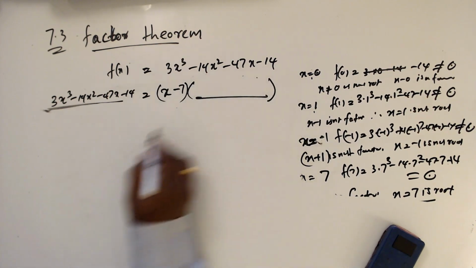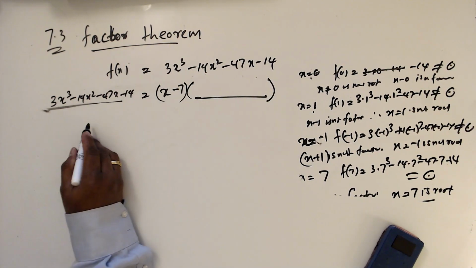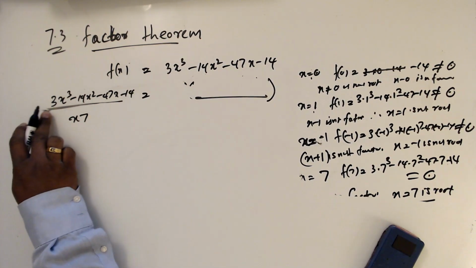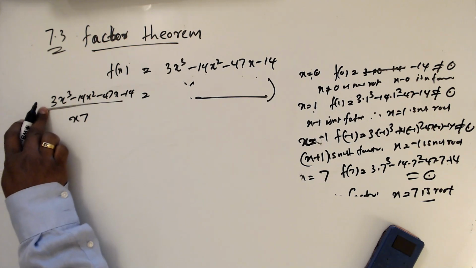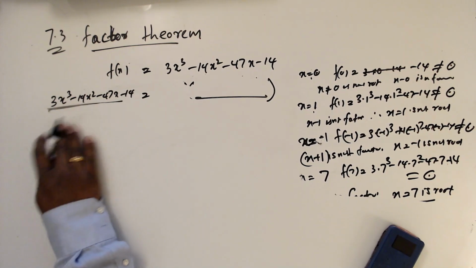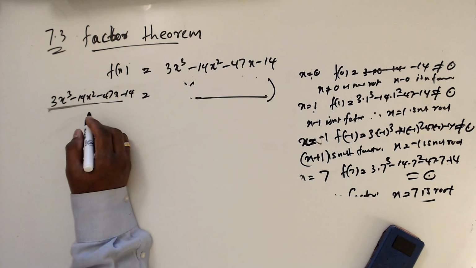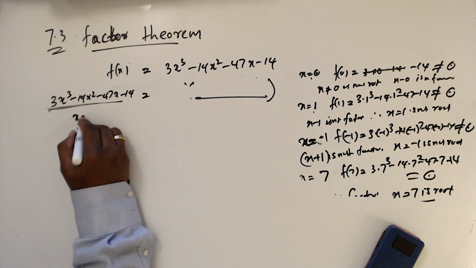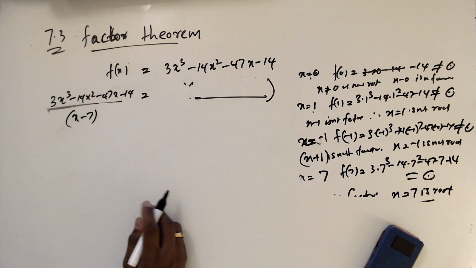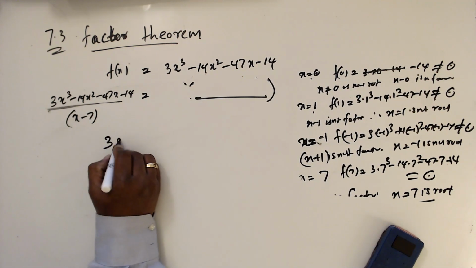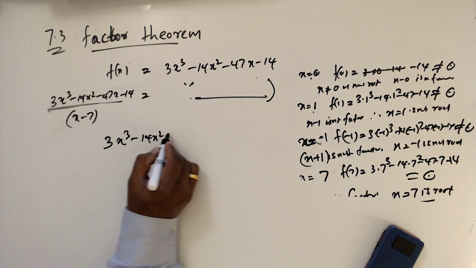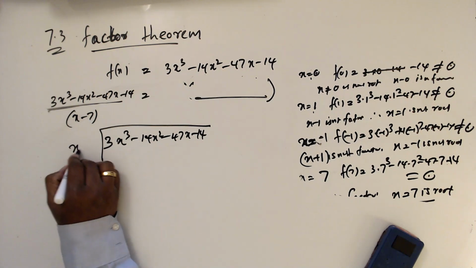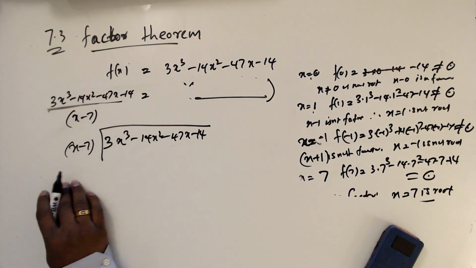You want to find the other ones, so you have to divide this expression by x minus 7. Then you have to do long division. When you do long division, you can work it out.